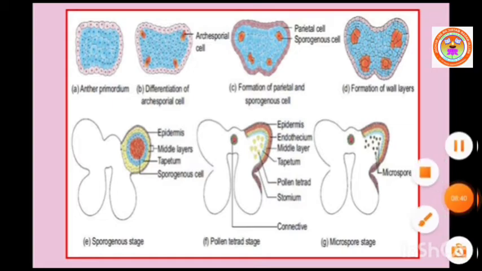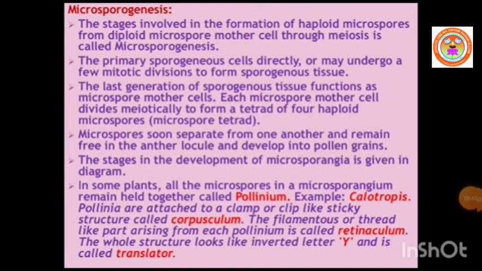The next process is called microsporogenesis. Microsporogenesis: the stages involved in the formation of haploid microspores from the diploid microspore mother cell through meiosis are called microsporogenesis. The primary sporogenous cells may act directly, or may undergo a few mitotic divisions to form sporogenous tissue.